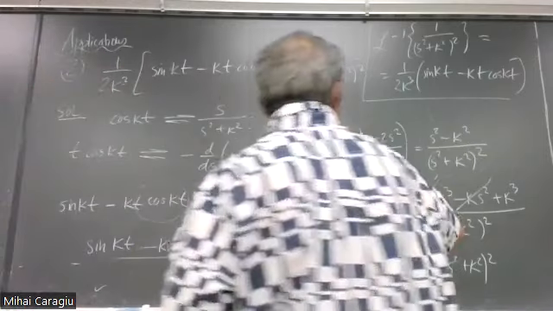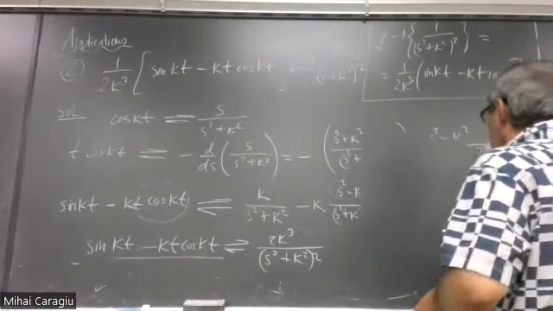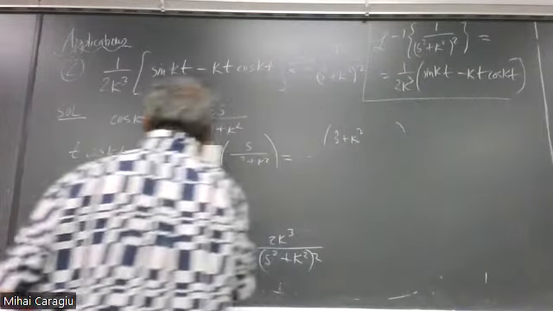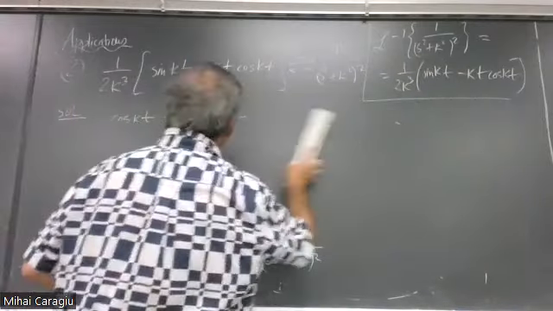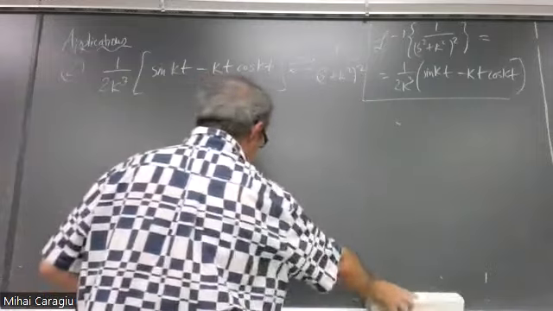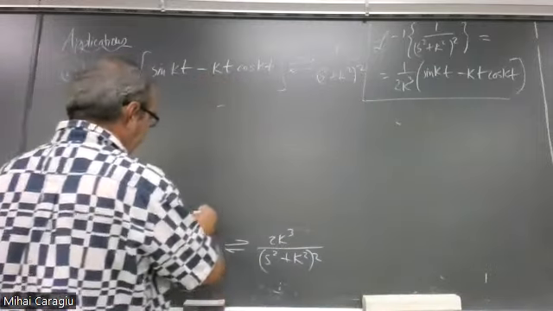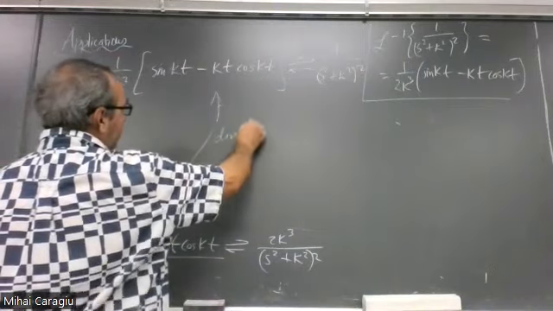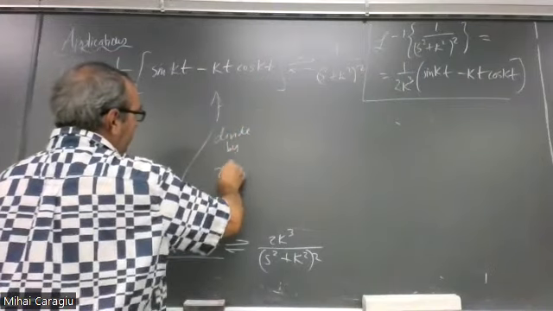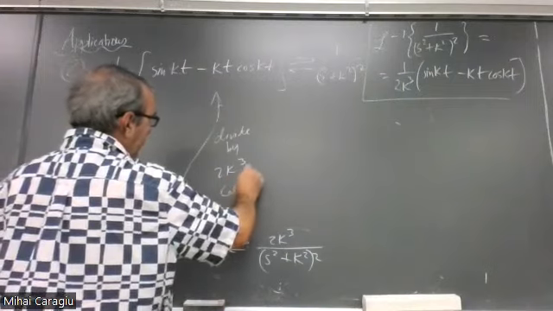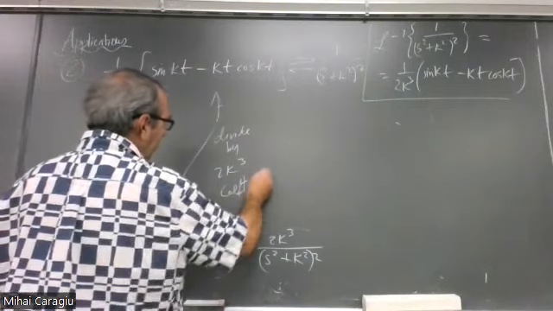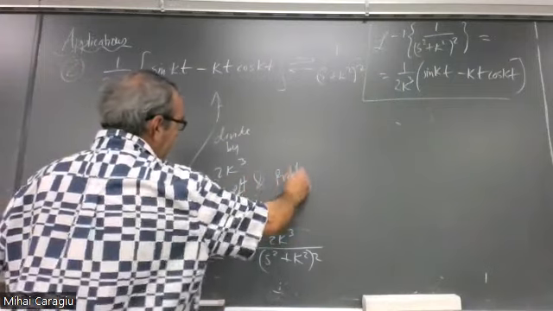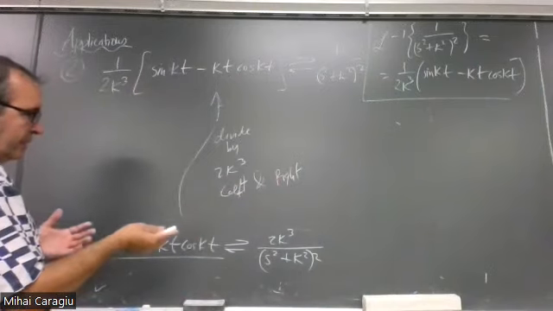So now by linearity, this formula includes linearity. So from this one, divide by 2k cubed left and right. There's linearity, so the transformation still holds.